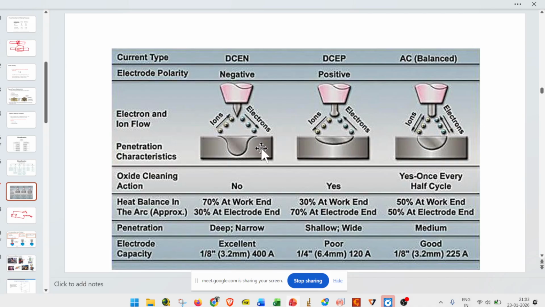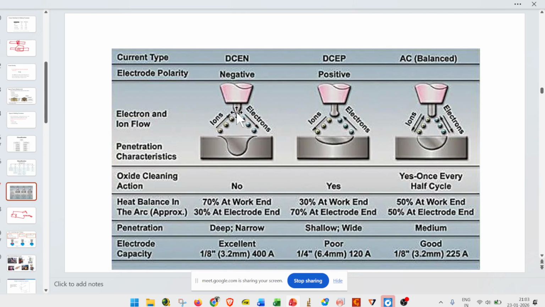The heat generation is always greater at the positive side, which here is the workpiece. So two-thirds of the heat will be generated at the workpiece, and only one-third at the electrode.